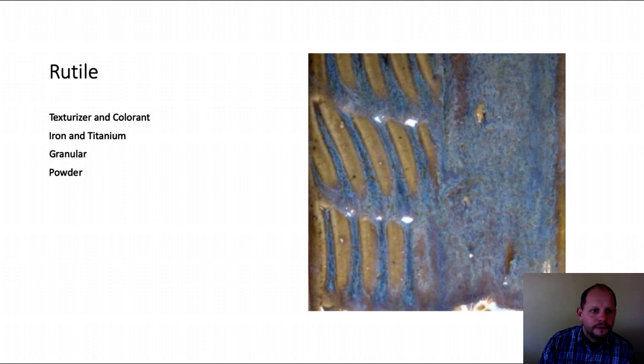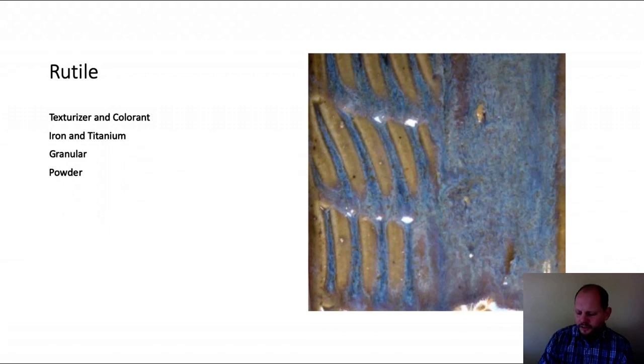Okay, so the first one is a really interesting material. You can use this for color and for texture. This is more of a visual texture, rutile, and you can get a lot of really crazy glaze reactions from using rutile, depending on whether it's granular or powder.